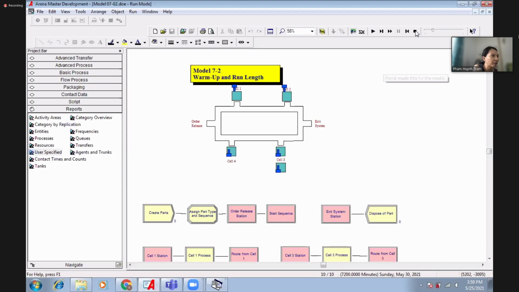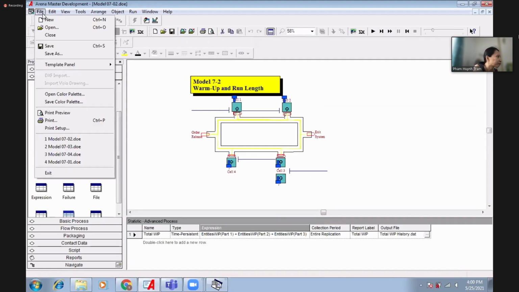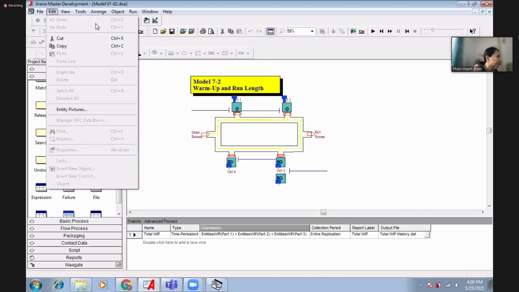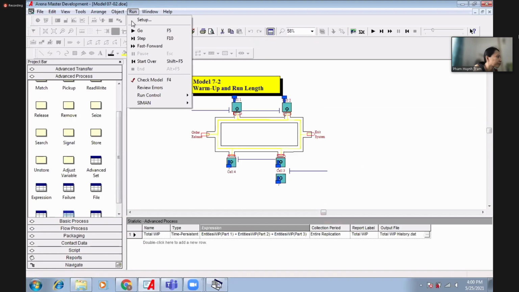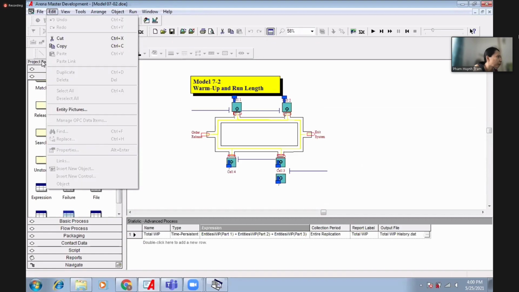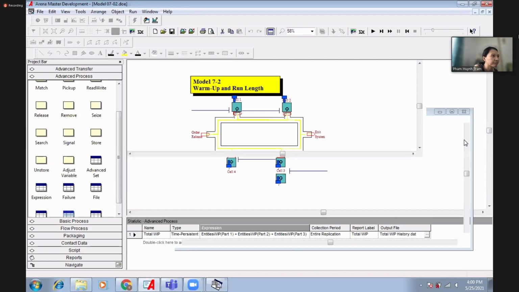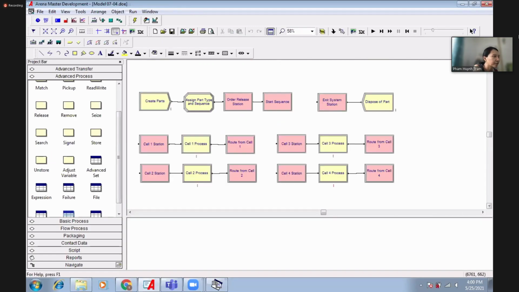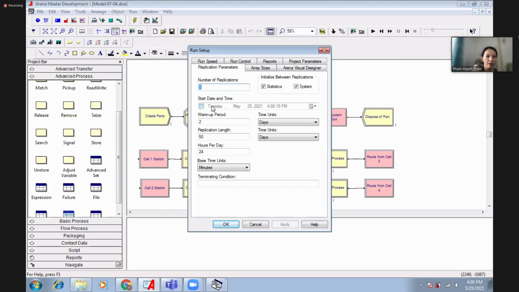Okay, let's try to set up with a single batch. Let me open another file. In our run setup, we only run one replication.